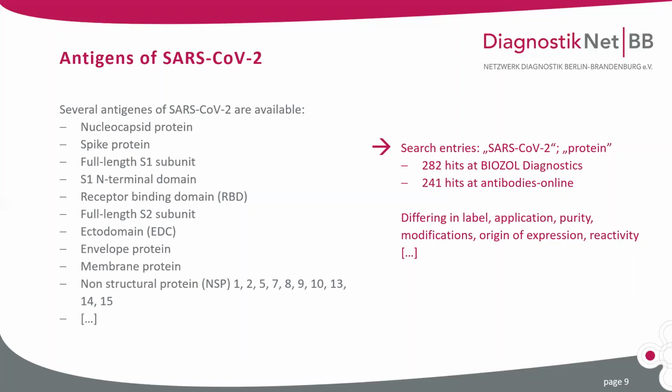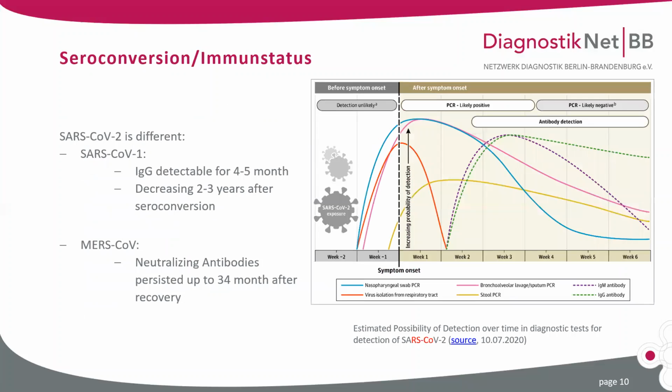And if you just go for the commercial platforms, you have Biosol with more than 280 hits, or Antibody Online, just to name two, with 241 hits, telling you there are a lot of antigens available against which you can measure antibodies, but which one to take and how to validate that is the task of the diagnostic industry, of anybody who's doing research or work on that. And another thing is the seroconversion and the immune status of a patient.